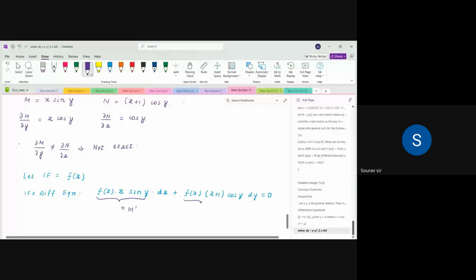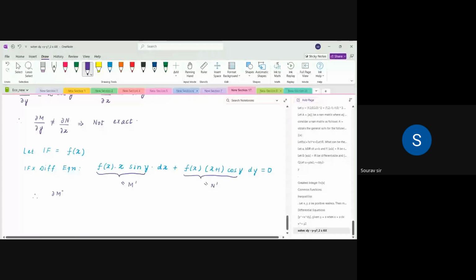So over here, this is M, let's call it M dash, and this is N, N dash. So the integrating factor is such a function that after multiplying it with the differential equation, it becomes exact, right?